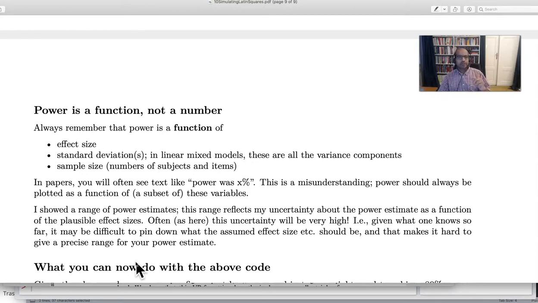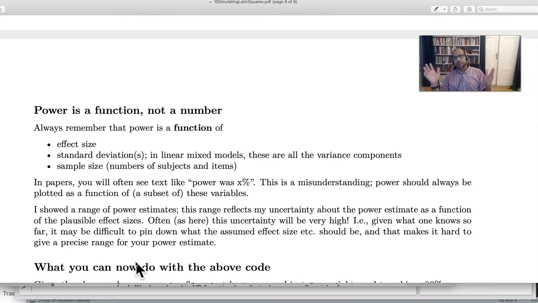I want to remind you here that power is a function of 3 things. Power depends on the effect size, on the standard deviation, and in the linear mixed model, all the variance components, right? Not just the standard deviation. And the sample size, that is the number of subjects and items, right? Often in papers, you will see people writing, oh, power in our experiment was 80%, right?